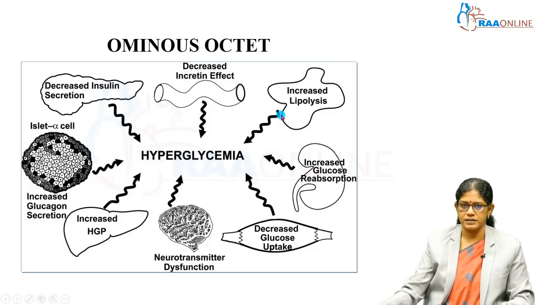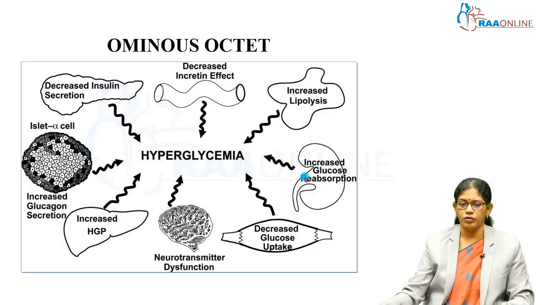The second is increased lipolysis, the breakdown of lipids. If breakdown of lipid occurs, that leads to free fatty acids as well as triglycerides, and that may lead to hyperglycemia. And the third reason is increased glucose reabsorption. In the kidneys, nearly 900 milligrams of glucose comes to our kidneys daily.